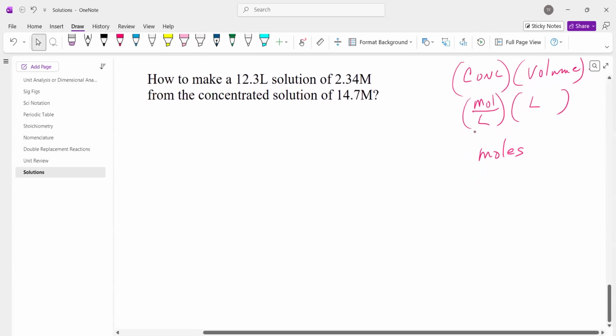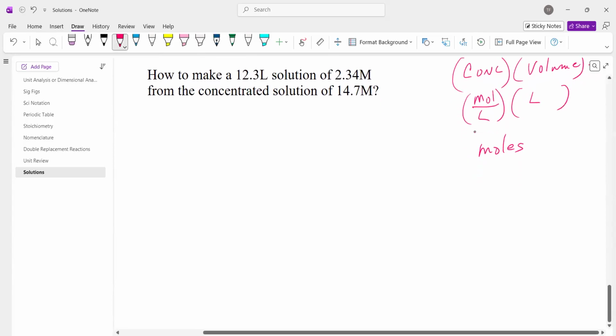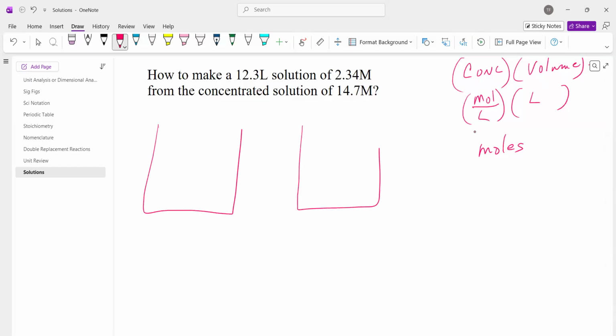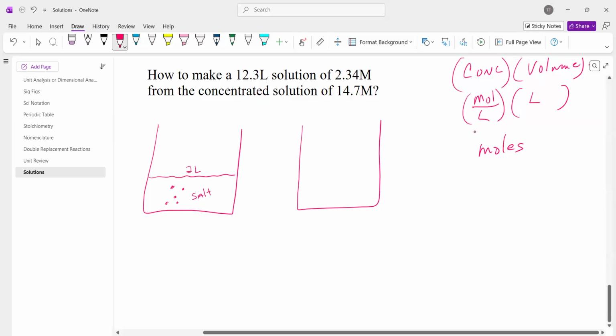Okay, so first of all, let's talk about the concept here. If I start with 5 molecules of salt, common table salt, sodium chloride, and say this is 2 liters.